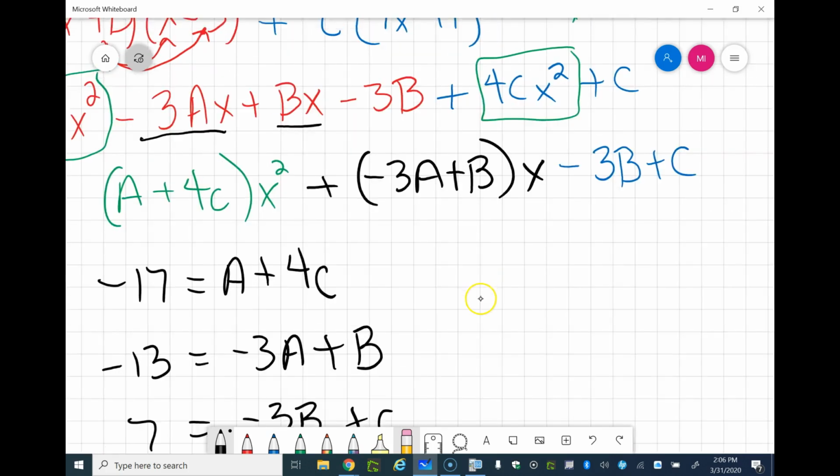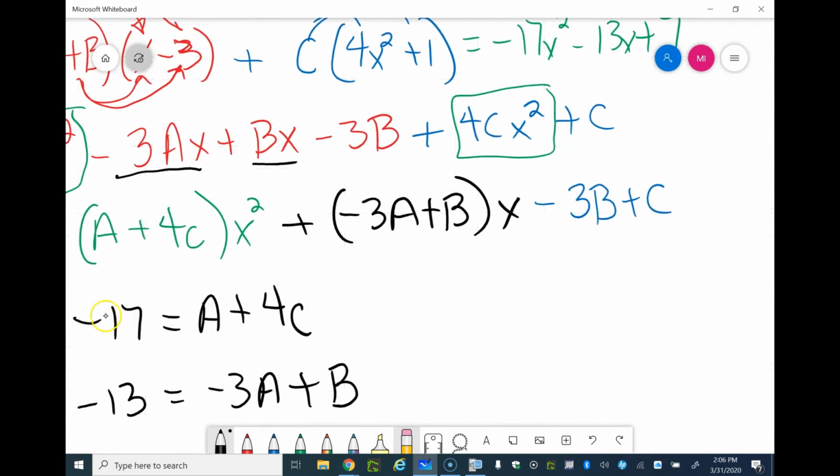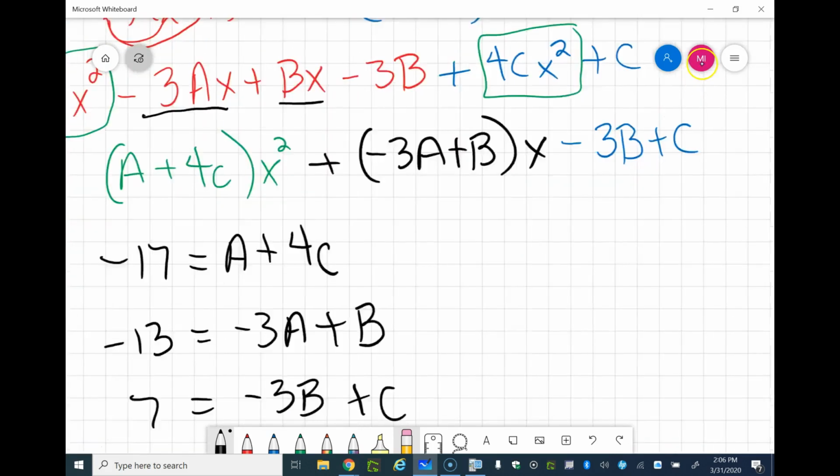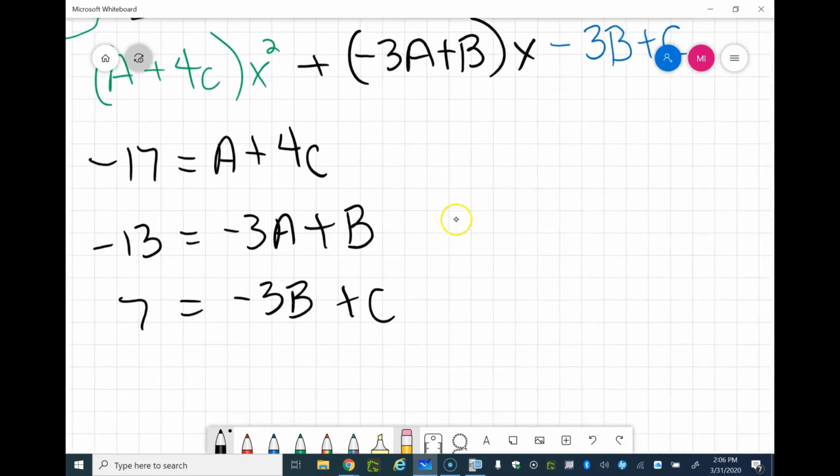Once again, this a came from the number in front of ax squared. This negative 13 came from the second one, and the 7 came from the last number in the equation. So this is my A, this is my B, this is my C, and I just put them in here. These are the equations I'm going to be working with.